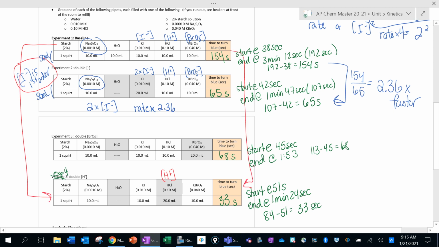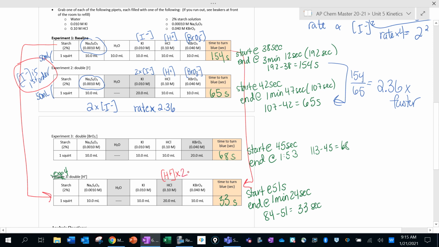We want to compare these two because what happens in experiment 1 versus experiment 4 is everything else stays the same except I double the concentration of hydrogen ions and every other reactant stays the same. So that's key. You have to compare data sets where only one variable is changing. So the variable here is the hydrogen ion, and we are doubling the hydrogen ion concentration.